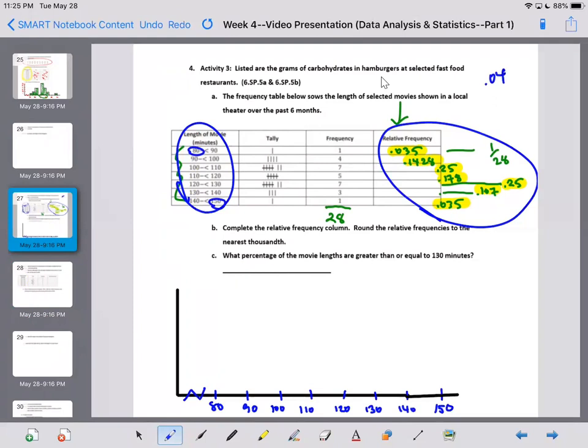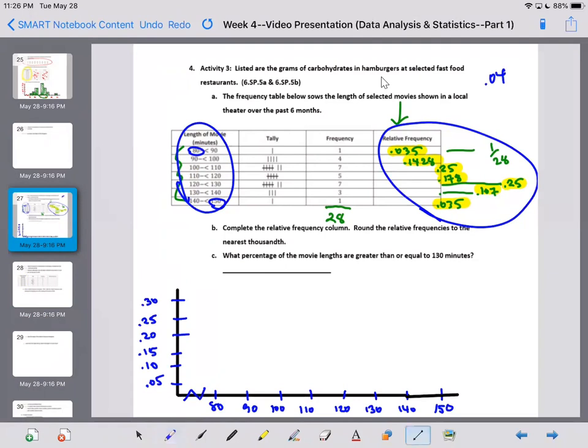So why don't we just start at 5 hundredths and just go increments of 5 hundredths.